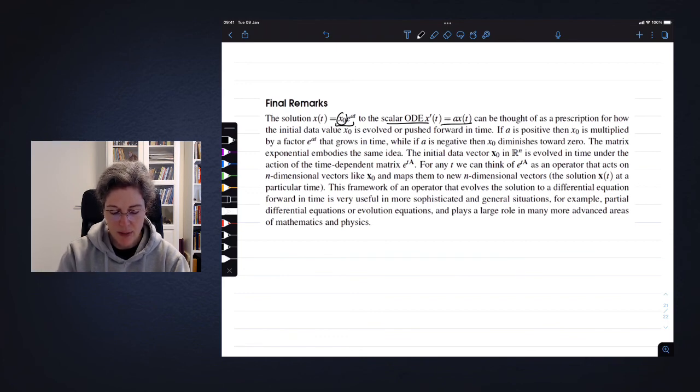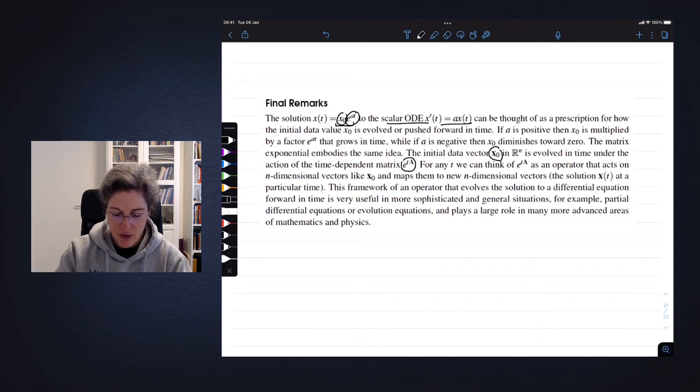So it's kind of evolved by this e to the at, either increasing or decreasing, whether a is positive or negative. And our matrix exponential really has the same kind of idea in it, in that we start with an initial value of x0, and then our time-dependent matrix e to the tA says how that initial vector evolves over time.